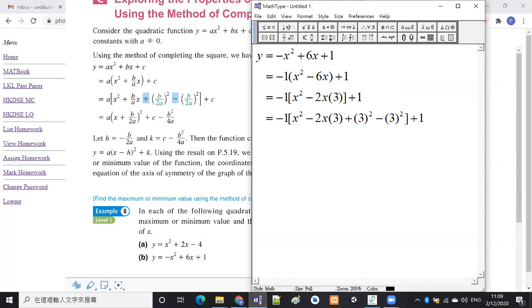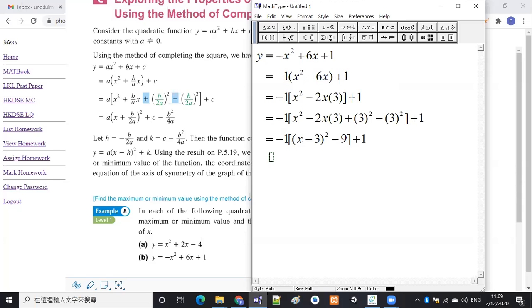Okay, add something and then immediately subtract it away. Remember to do this inside the square bracket. Okay, and then the first three terms, x squared minus 2xy plus y squared, will form a perfect square, (x minus y) squared. Okay, and then we will have the minus 3 squared becomes minus 9 plus 1.